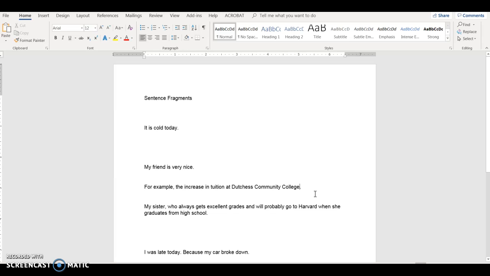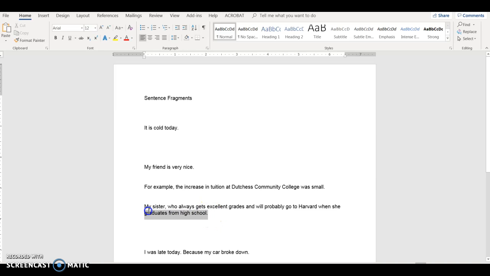So I have to fix this sentence by adding a verb. I can say, for example, "The increase in tuition at Dutchess Community College was small." Now I have a complete sentence. I added my verb, was, and I completed the idea with the word small.